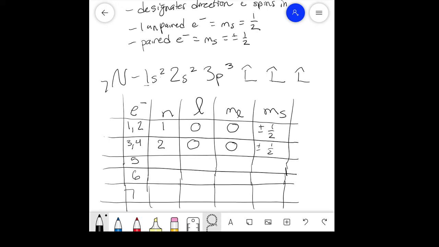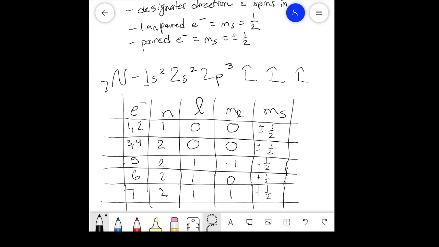We know they're all in energy level 2, not 3. P is L equals 1, so they all have an L of 1. Here is where M sub L is negative L to positive L. So you're going to start with the first one, and go negative L, 0, and then positive L. And in the spin, since they're not paired up, they're just going to be positive 1/2. So that's how you would fill out one of these little charts.